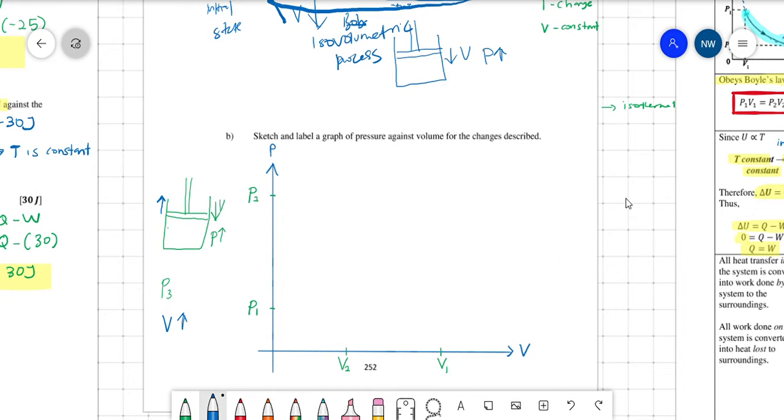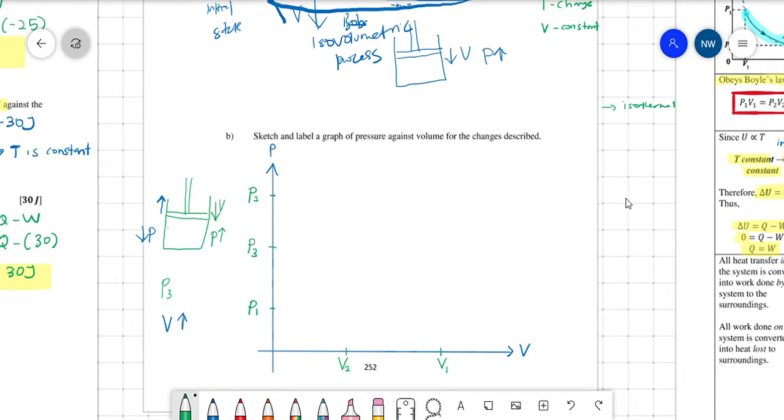When the volume increases, the pressure will decrease, meaning P3 is lower than P2.